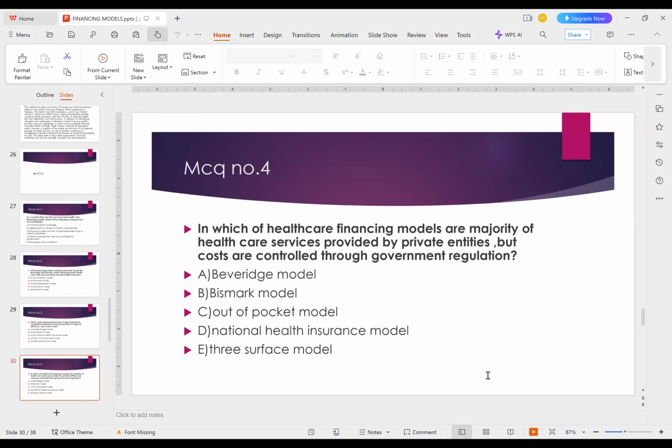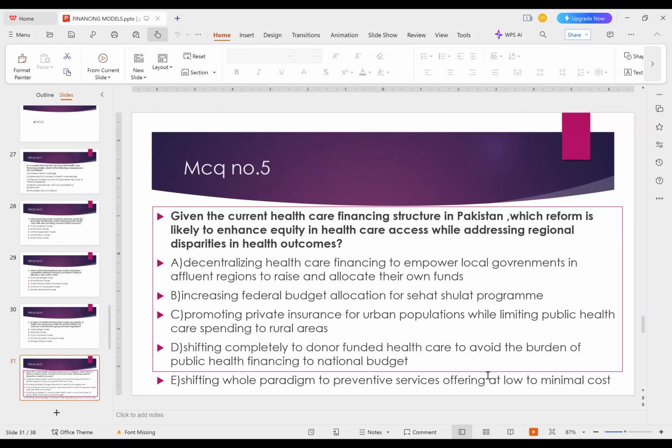Question number 5. Given the current healthcare financing structure in Pakistan, which reform is likely to enhance equity in healthcare access while addressing regional disparities in health outcomes? A, decentralizing healthcare financing to empower local governments in affluent regions to raise and allocate their own funds.